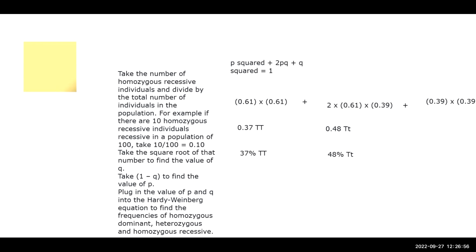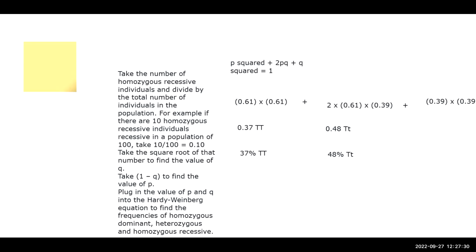And then the last part of our equation, 0.39 multiplied by 0.39. What's your answer rounded out to 2 decimals? 0.15.